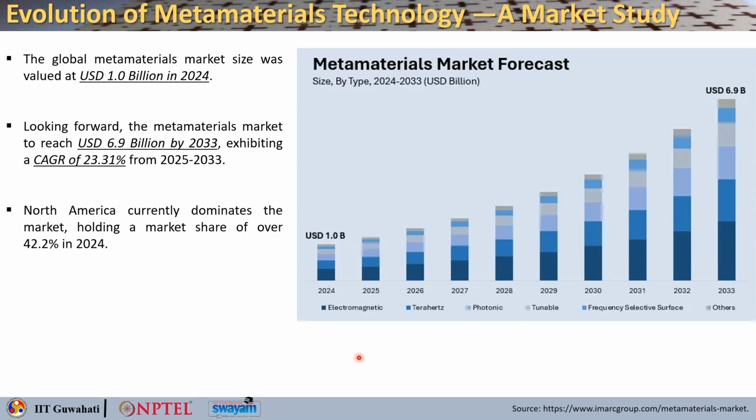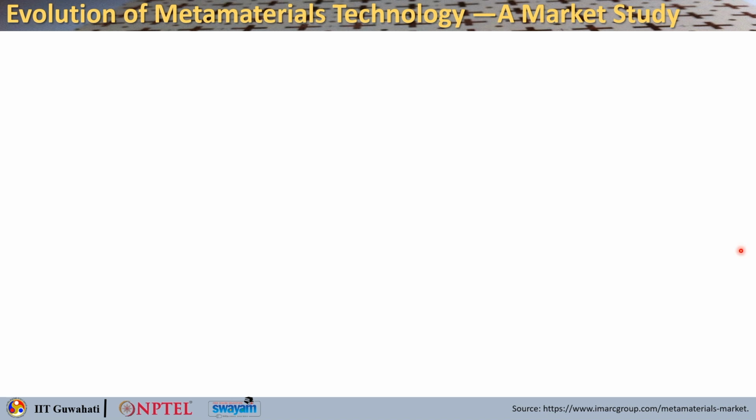Currently North America is dominating the market, holding a share of around 42% in 2024, and here you can also see the colors representing different sectors such as electromagnetic metamaterials, terahertz metamaterials, photonic metamaterials, tunable metamaterials, frequency selective surfaces and other applications. All are growing, and as you can see, terahertz and photonics metamaterials are also going to be equally prominent in the market as the other RF or microwave metamaterials.